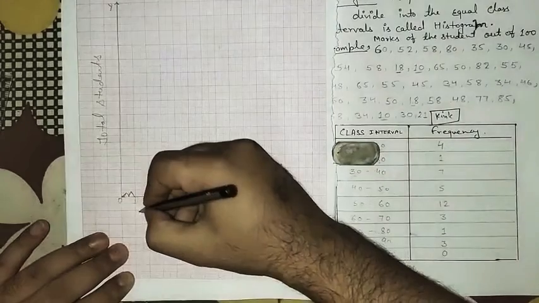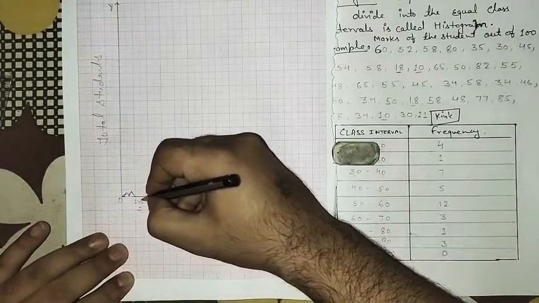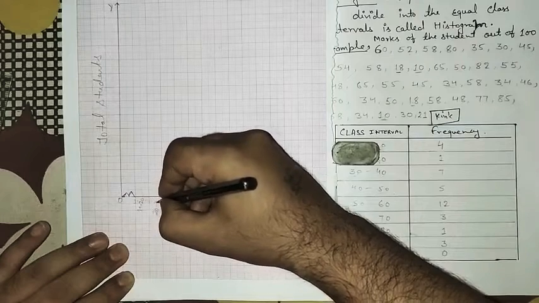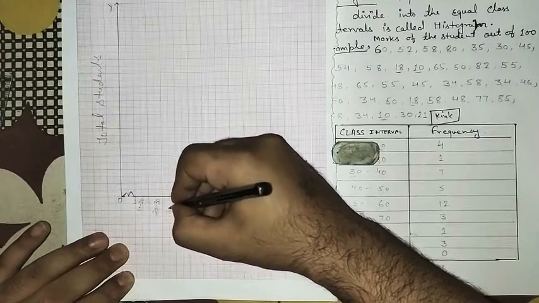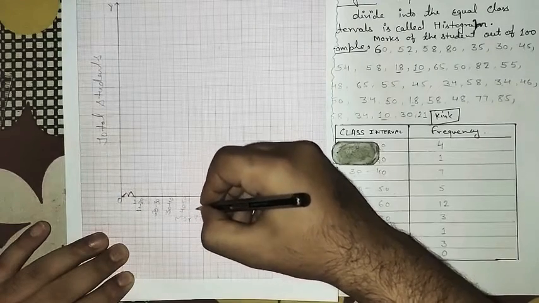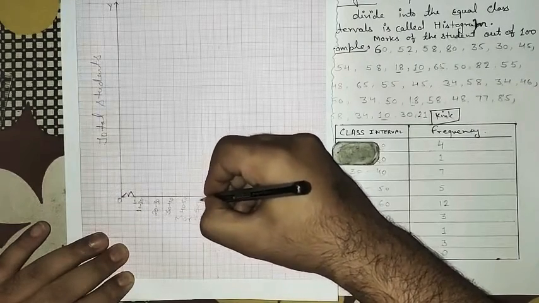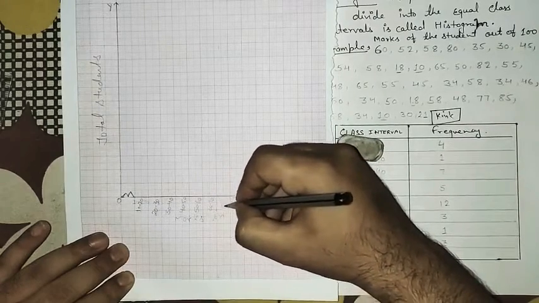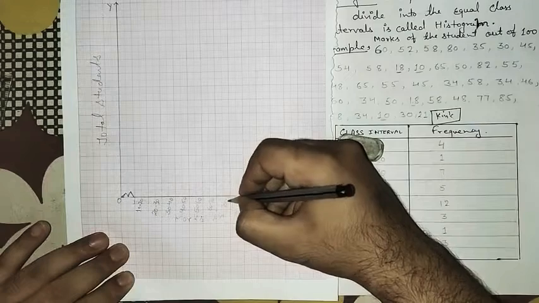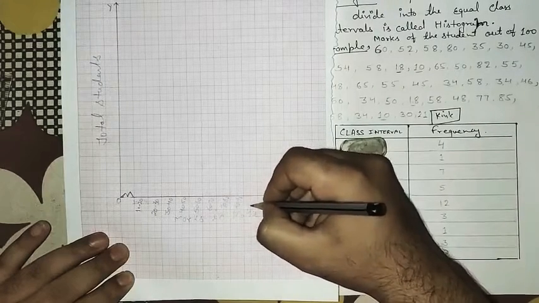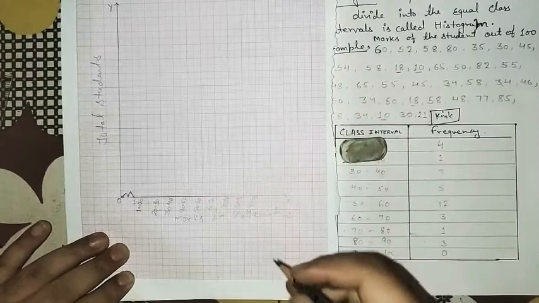So I am writing here 10 to 20, then 20 to 30, 30 to 40, 40 to 50, 50 to 60, 60 to 70, 70 to 80, 80 to 90, 90 to 100.